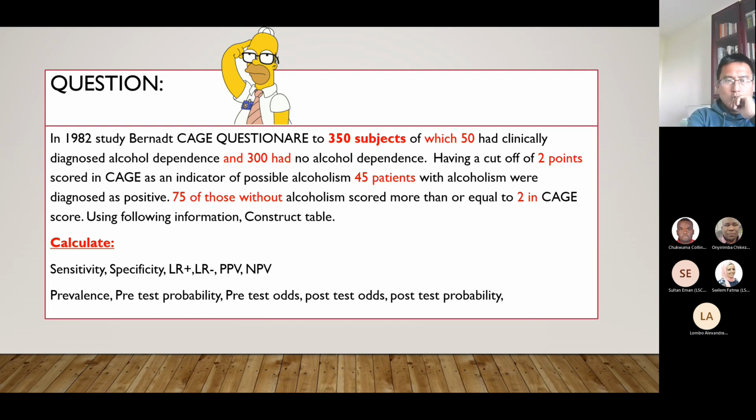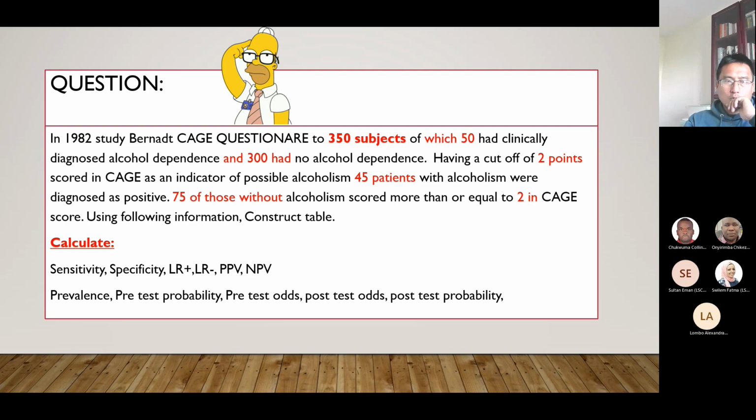So in this one, the information that we have is 150, of which 50 have a clinical diagnosis of alcohol dependence. So remember, alcohol dependence is the one. 300 had no alcohol dependence.